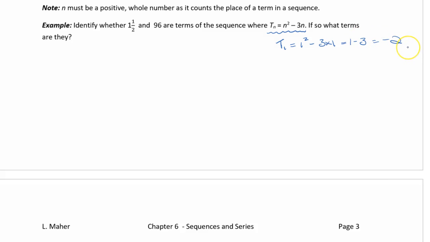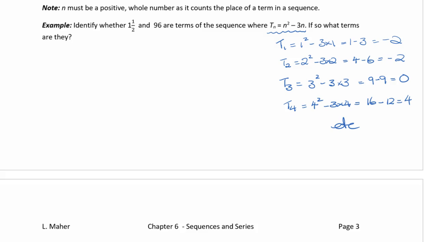So our sequence starts with minus 2. Term 2 is equal to 2 squared minus 3 times 2. So that's 4 minus 6, which is minus 2. Is that right? Yeah, I can't see I've made a mistake there.